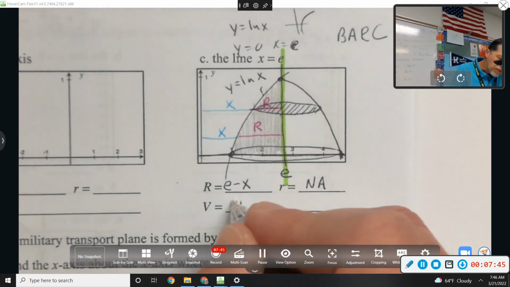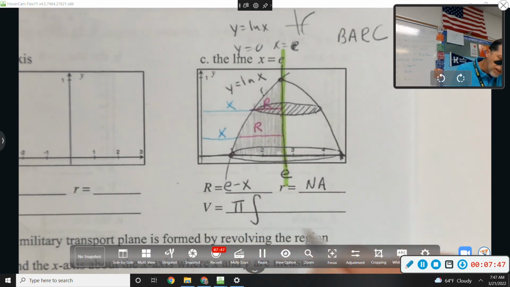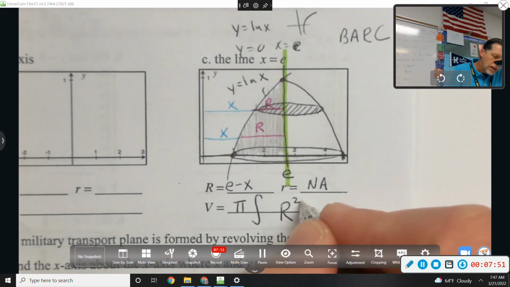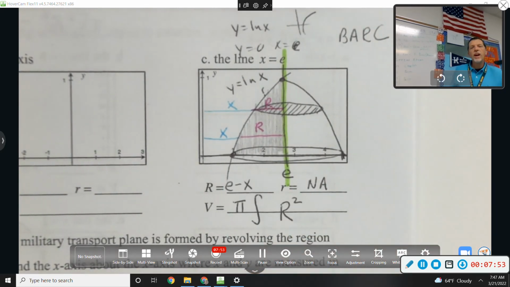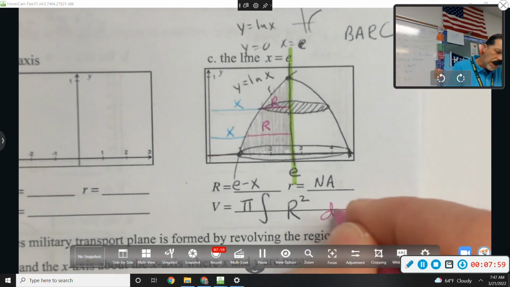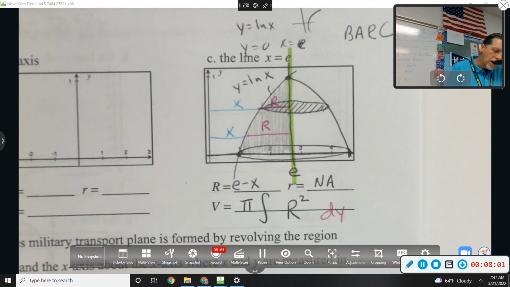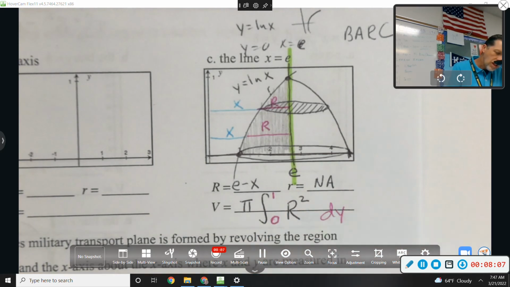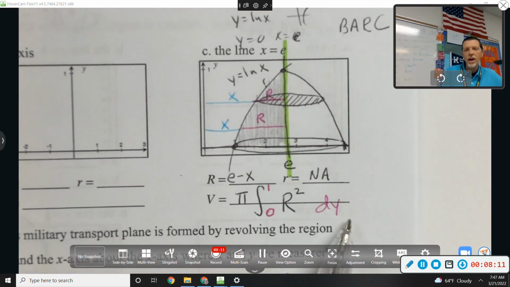Maybe we should have started with the integral to start with, but pi times big R squared. Are they stacked up in the x direction or the y direction? The y direction. So dy, which means my limits need to be y limits. So 0 to 1. But that also means my big R needs to have a y in it instead of an x in it.